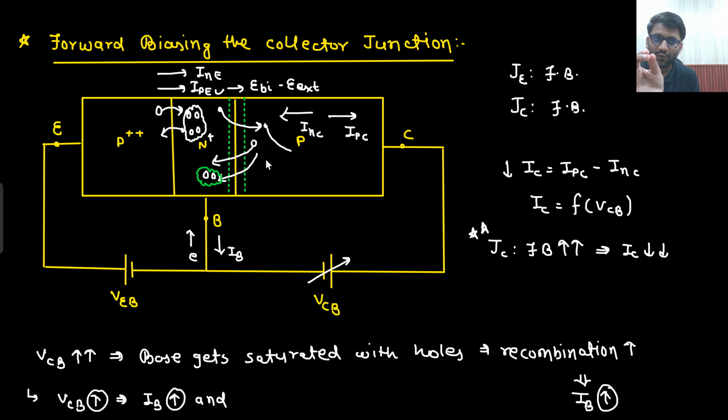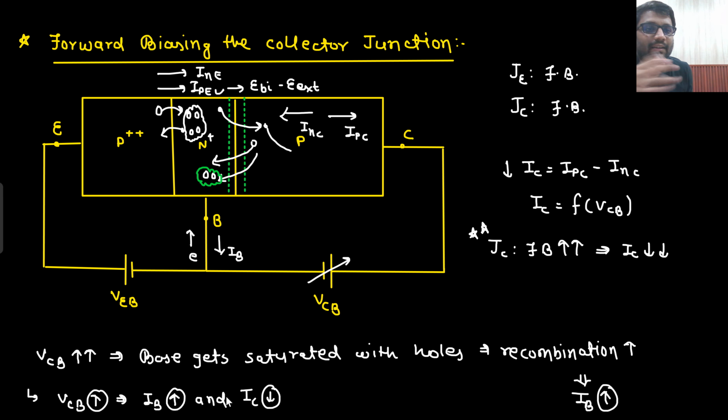Why? Because more forward bias means lesser depletion width. Lesser depletion width means more and more electrons will go here. If more and more electrons go here, that means the current will flow in the opposite direction. So total collector current becomes IPC minus INE. Because of that, collector current is going down.